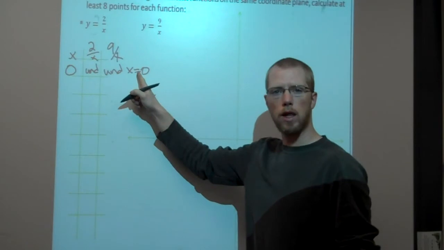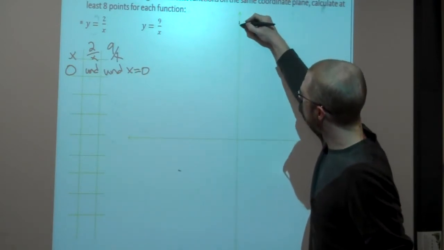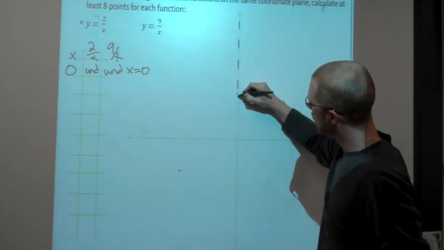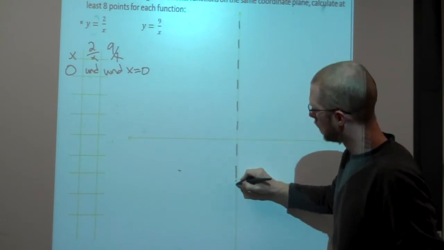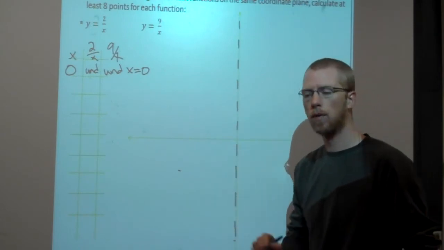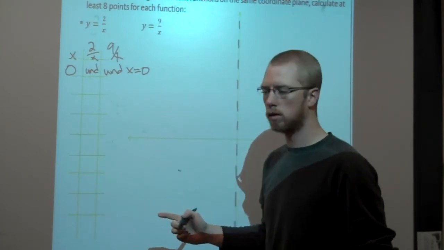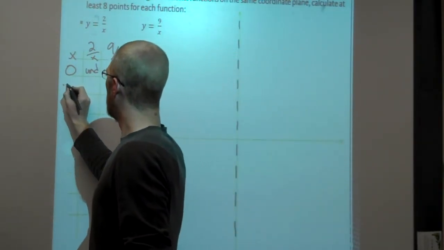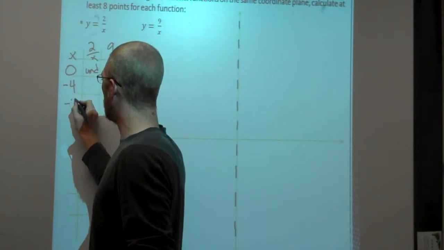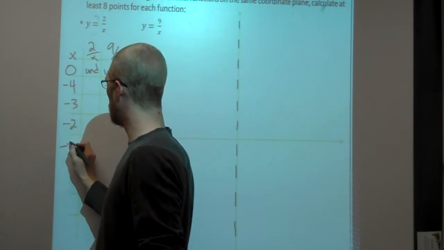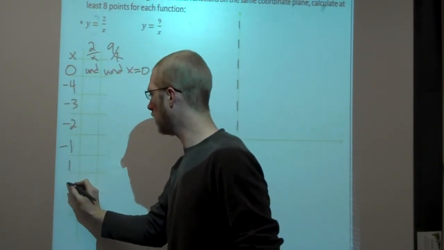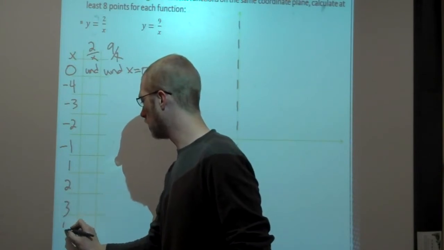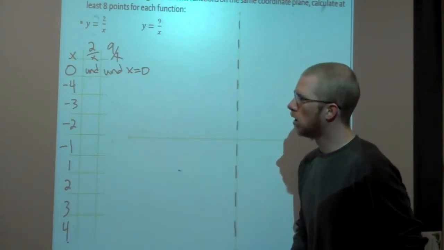So where is the line x equals 0? It's right there. So what I'm going to do now is I'm going to pick some different numbers. I'm going to pick, let's say, -4, -3, -2, -1, 1, 2, 3, and 4.